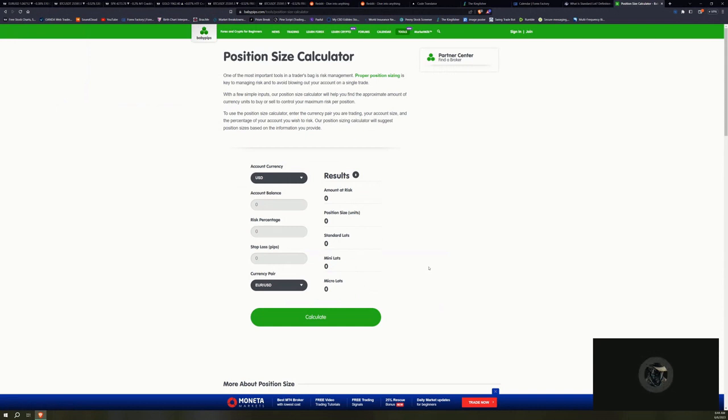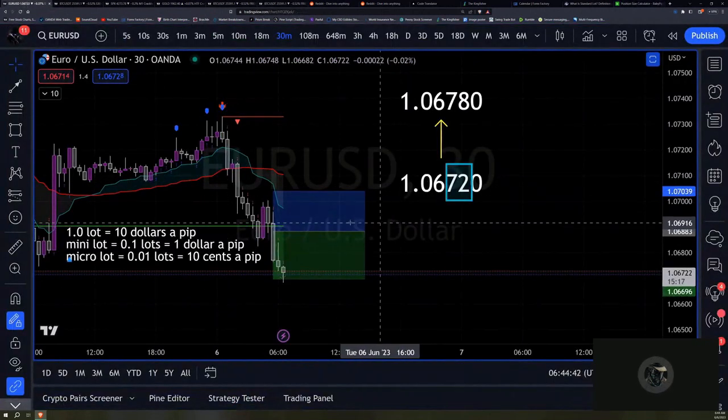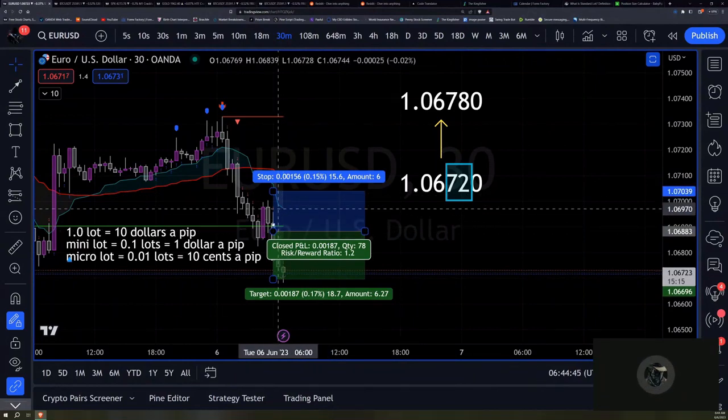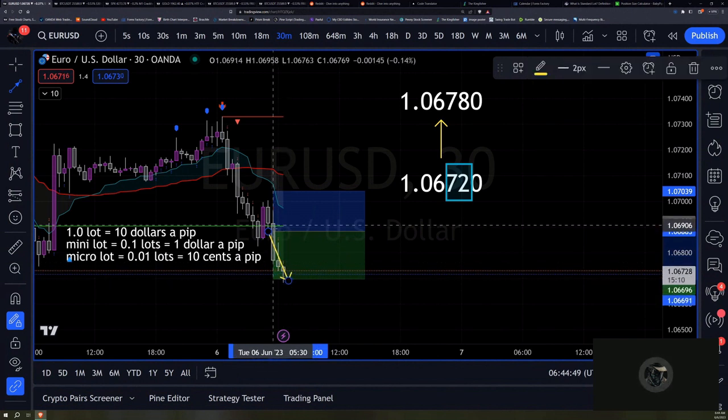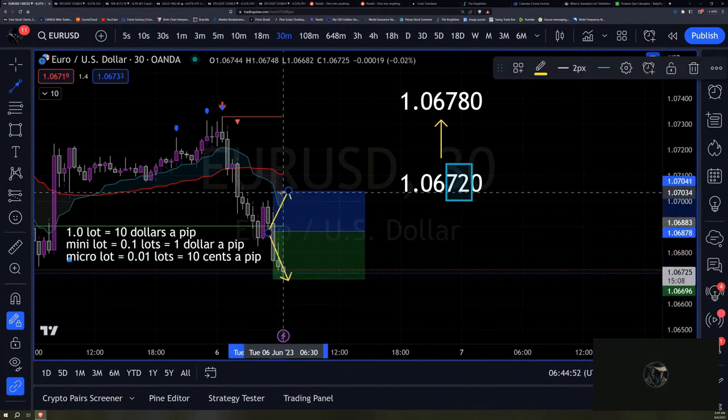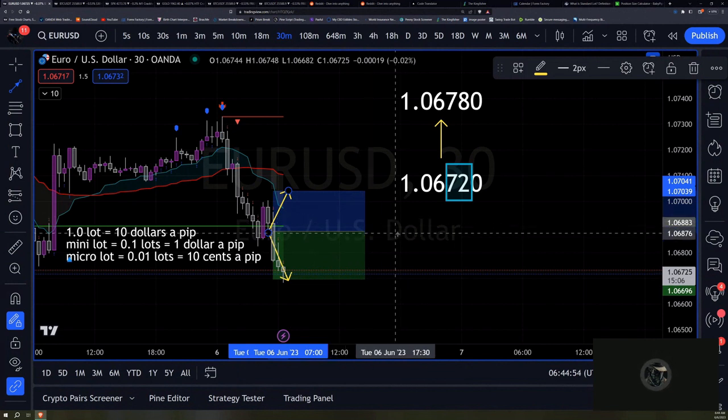In this case, I do 2% of my entire account as a standard trade, meaning that if I've got a $100,000 account, then the biggest trade I'm going to make is a $2,000 trade. Back to our example here, if price had gone to stop out instead of going all the way to profit, I would lose $2,000 max.